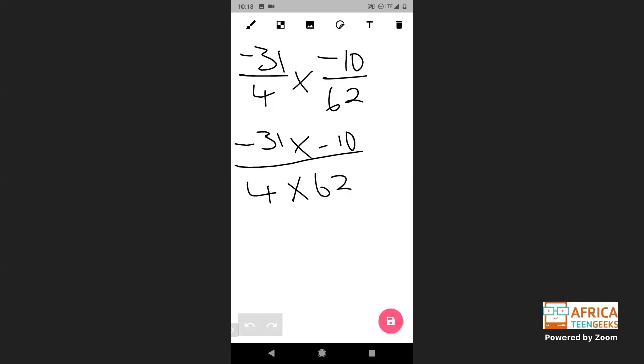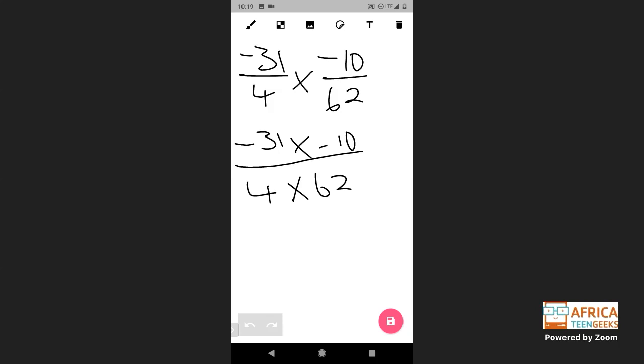So guys, when you multiply a negative by another negative, your answer will be positive, right? So you can also check it there in your calculator just to verify and to check your understanding. In your calculator, just press -31 multiplied by -10 and tell me if you get a negative answer or a positive number. Your answer must be positive.